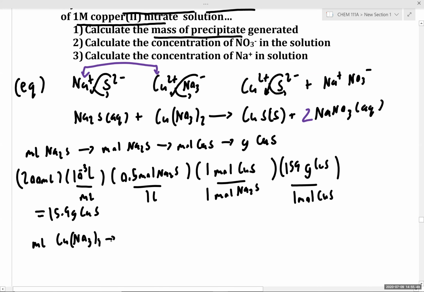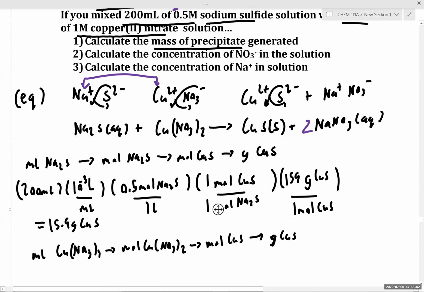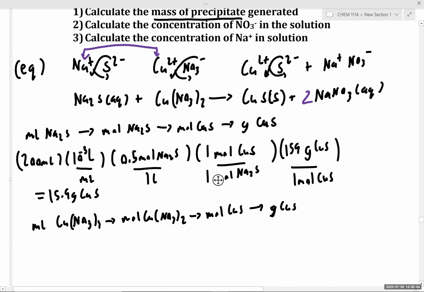So we're going to go from milliliters of copper nitrate to moles of copper nitrate to moles of copper sulfide to grams of copper sulfide. So that in turn gives us, we have 50 milliliters.